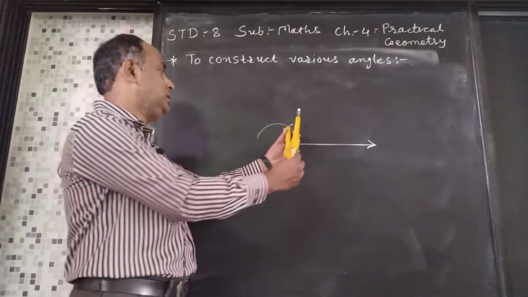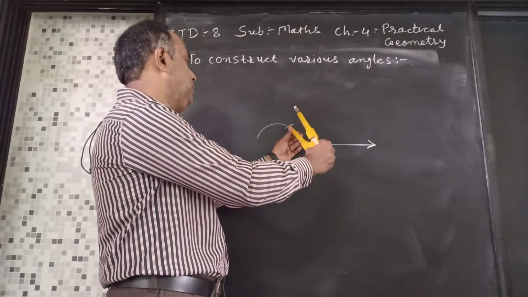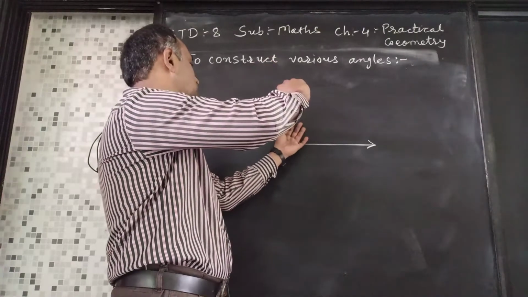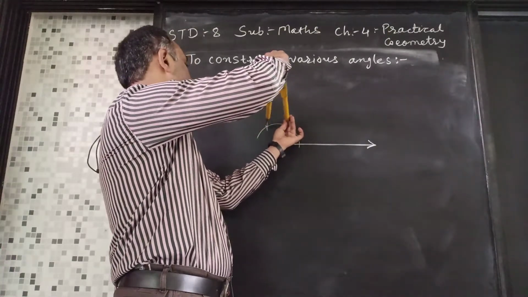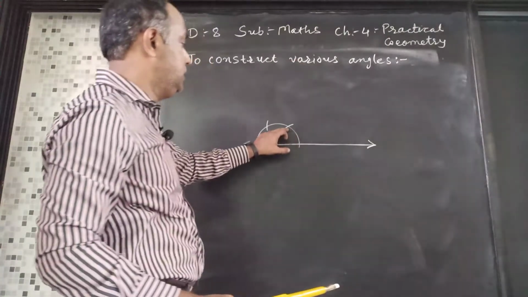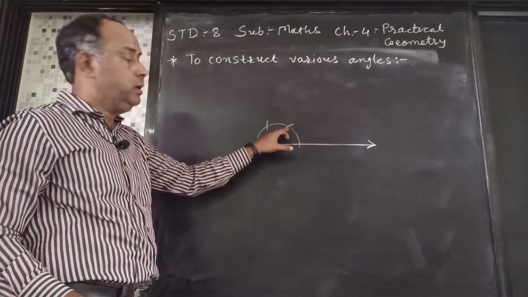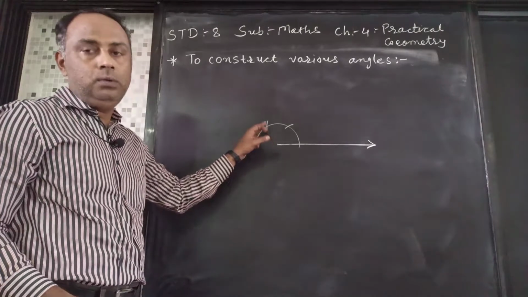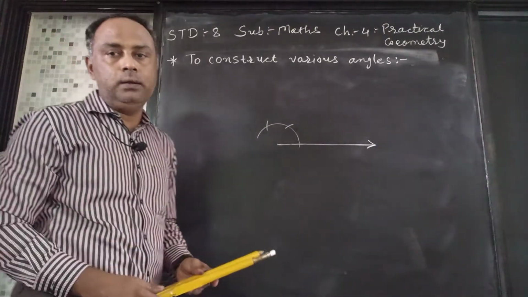Now from 60 degree, if you keep your pointer here and continue to mark on the same semicircle, so 0, 60, and then obviously you will get how much? 120 degree angle. You will get a 120 degree angle.